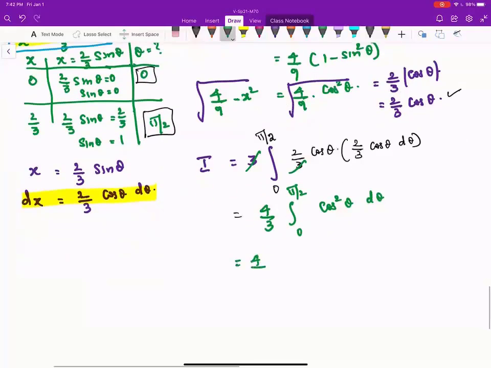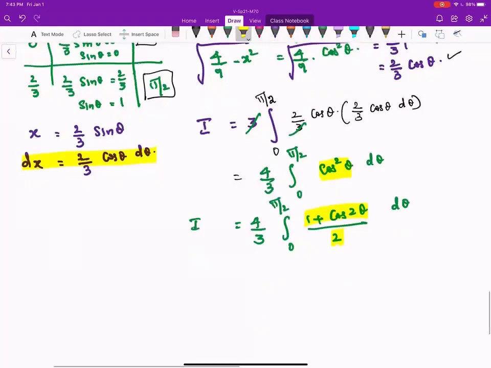That is 4 divided by 3, integral of 0 through pi by 2. Whenever you have cosine square or sine square, you have to use the double angle formula: 1 plus cosine 2 theta over 2 d theta. This is something that we mentioned in the earlier section. Now you pull out that 1/2.